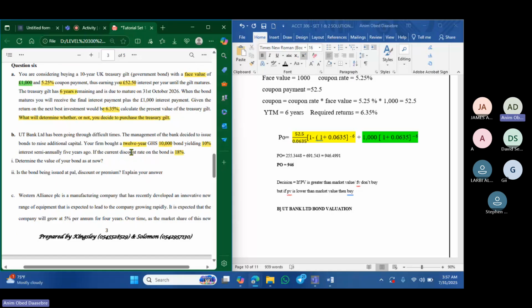So now we also have to find the remaining time. So half of 12 years is what? 6 years. Semi-annually, 5 years ago.